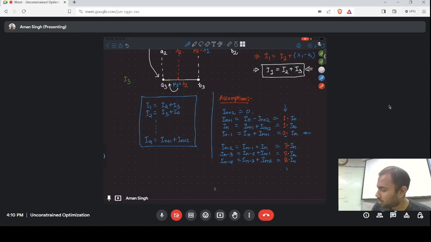So this is a Fibonacci series, and because of these assumptions, and because of this series that pops out, this search method is called the Fibonacci search.